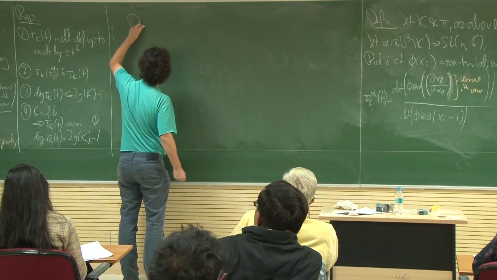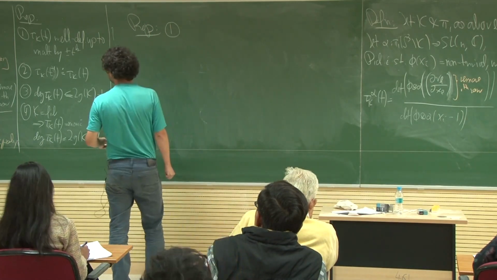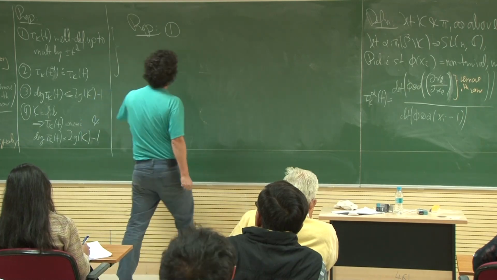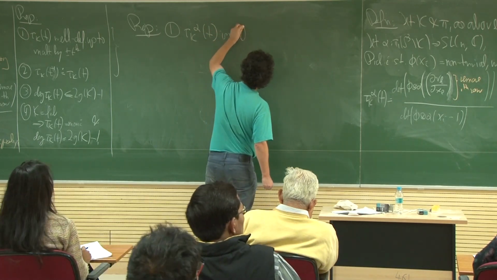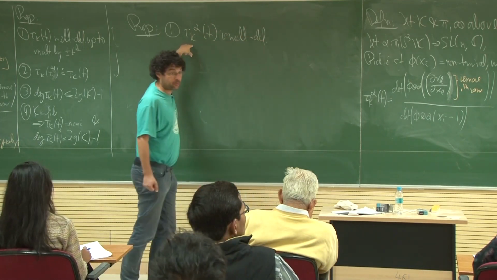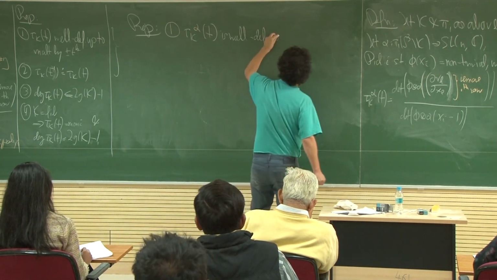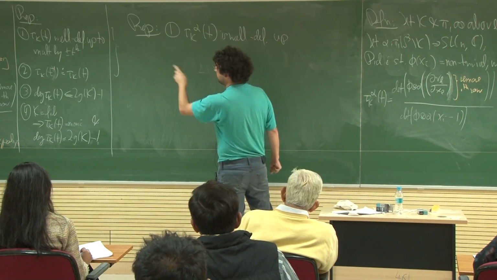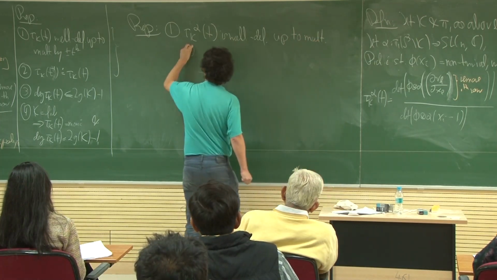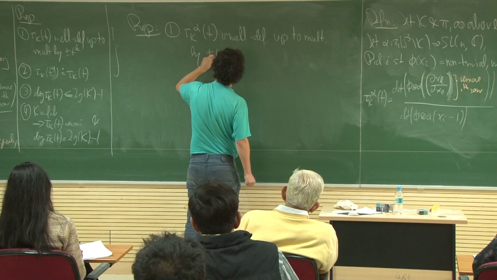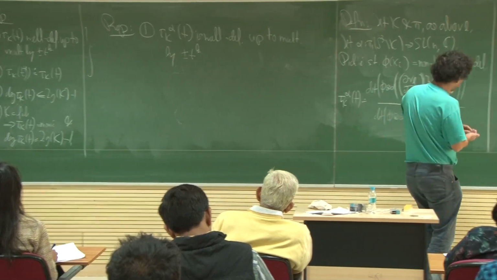Proposition. One: tau k alpha is well defined, meaning as an invariant of the knot k together with the representation. It is well defined up to multiplication by plus minus t to the k, basically the same statement as before.